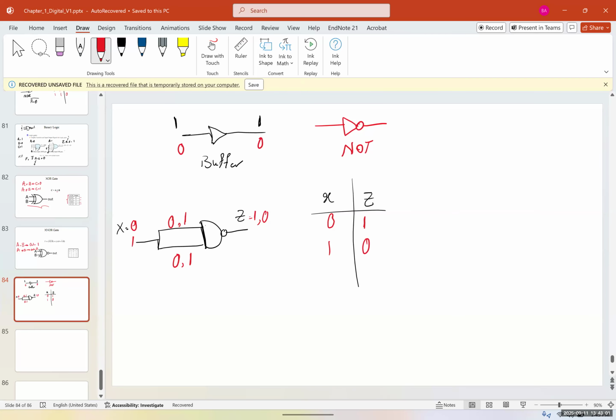Now let's draw another one. I have a NOR gate, and I want to connect the inputs together, and I'm going to call this X. So this is a NOR gate with its inputs tied together. Draw the truth table for it.